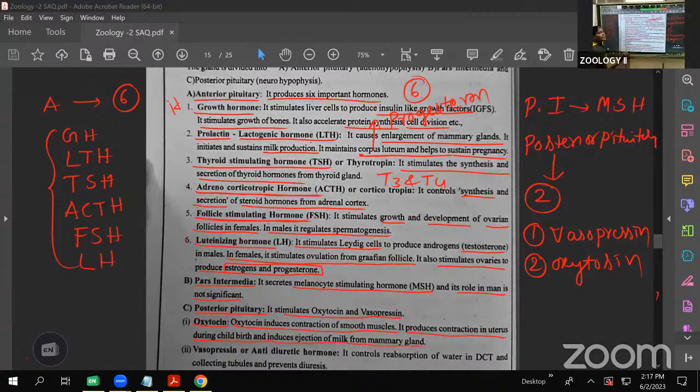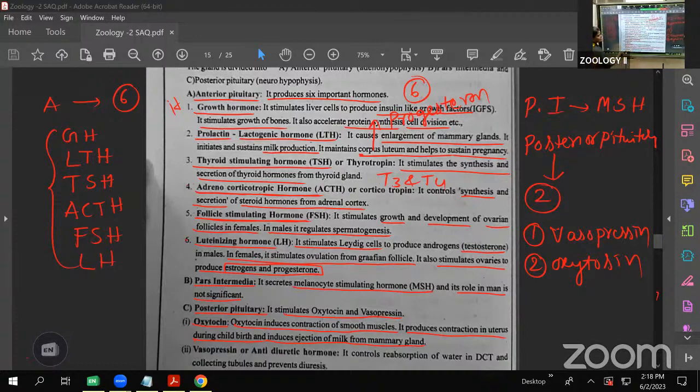In delivery time, for smooth muscle contraction, oxytocin is helpful, as well as for milk production after childbirth.